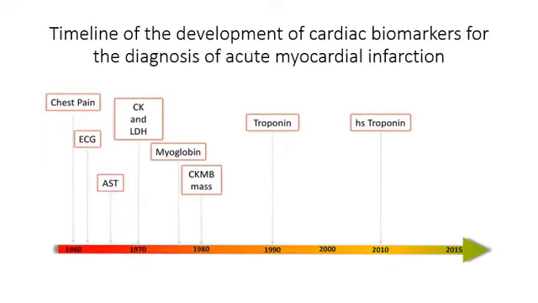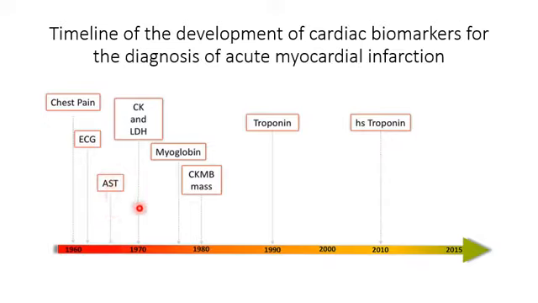The cardiac markers passed through different developmental stages, starting with the earliest marker in practice, which is the AST. I think you remember that from the enzymology lectures. It dates back to the 1960s, when AST was discovered as a cardiac marker.